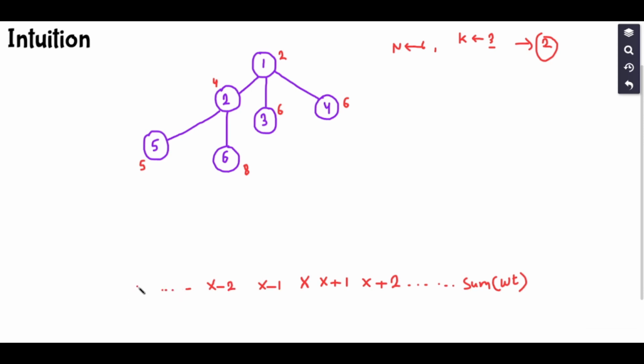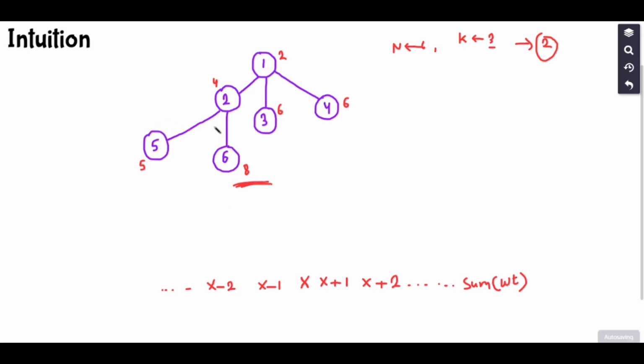I won't be able to obtain x minus 2 as the minimum weight, and so on. In the same fashion, what would be the left extreme? What is the minimum weight subtree that I can have? Simply, I can't go lesser than the maximum weight node that we have in the tree, that is 8.